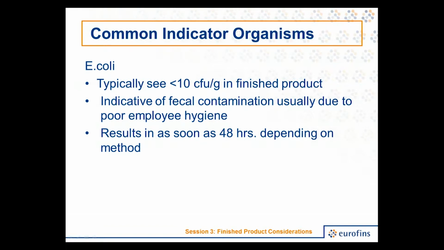And E. coli is also a coliform and in that family of EB, more specific obviously to that specific organism. We only see less than 10 CFU in a finished product.